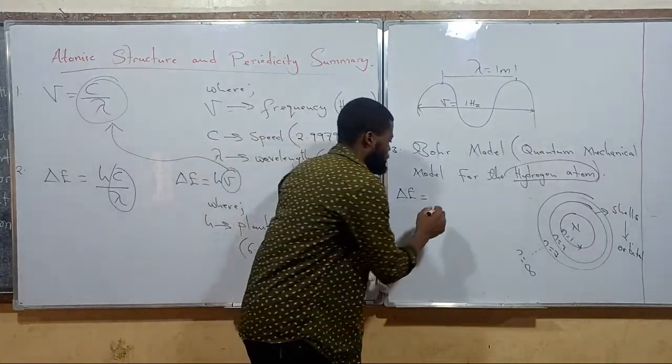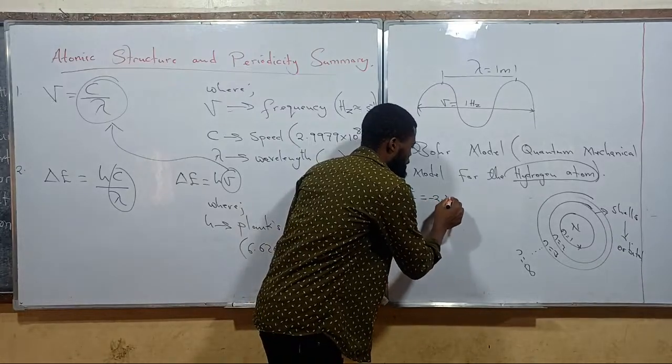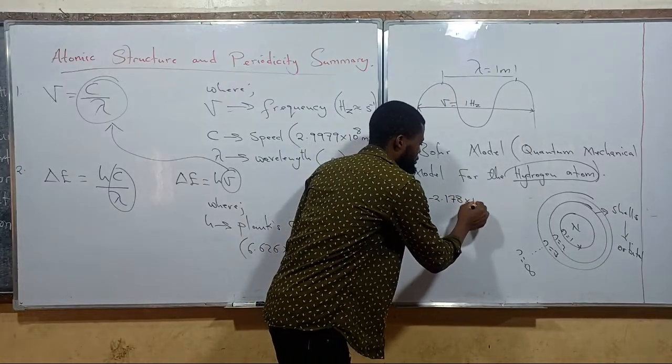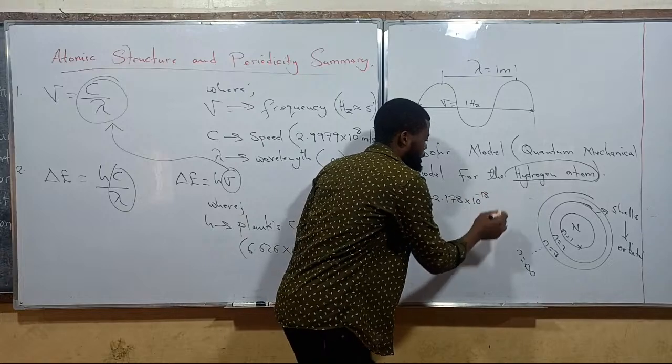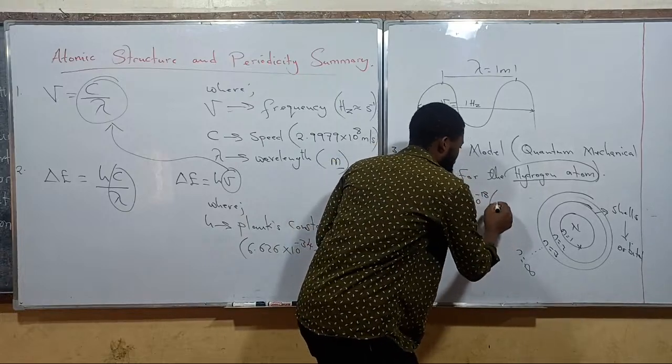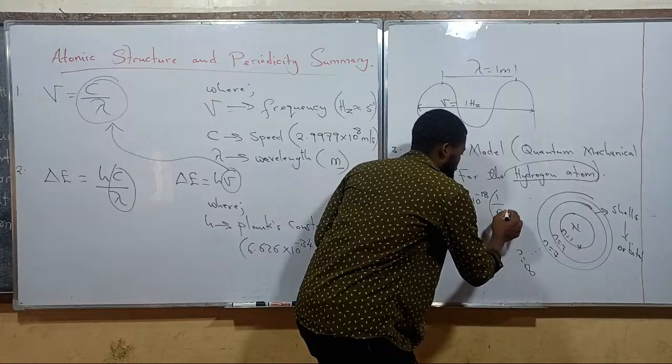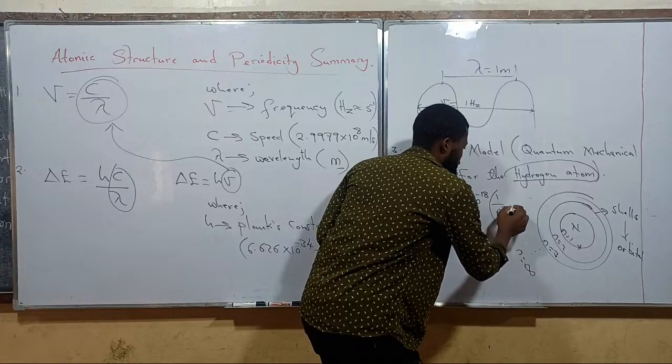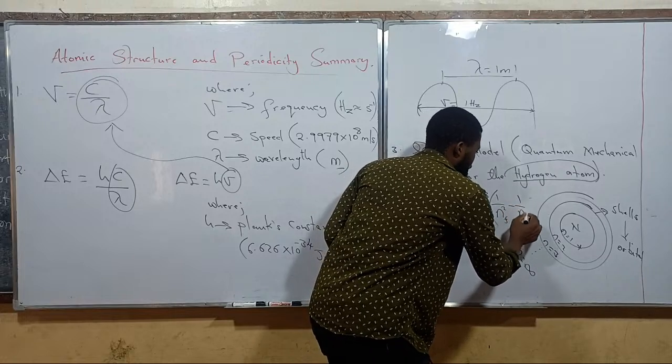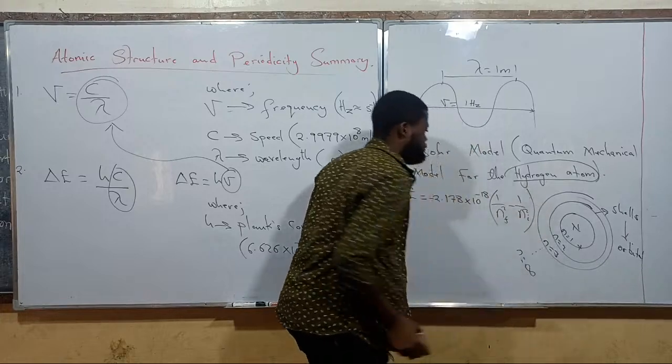The change in energy equals negative 2.178 times 10 to the power negative 18, open parentheses, 1 over n squared final minus 1 over n squared initial.